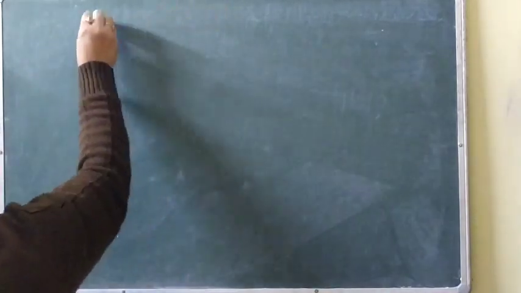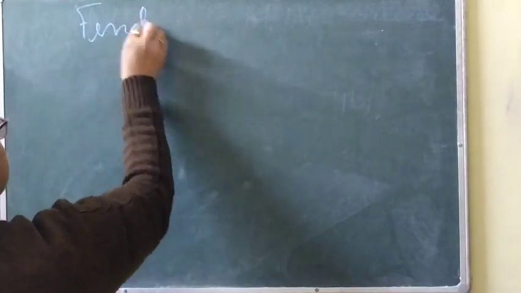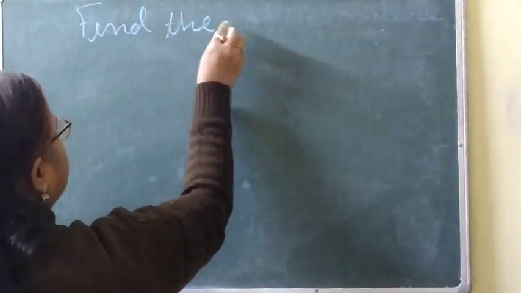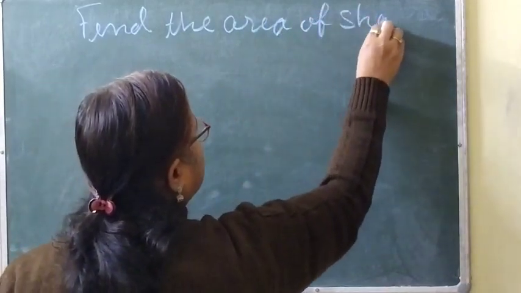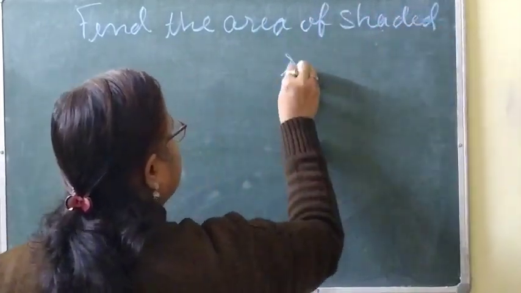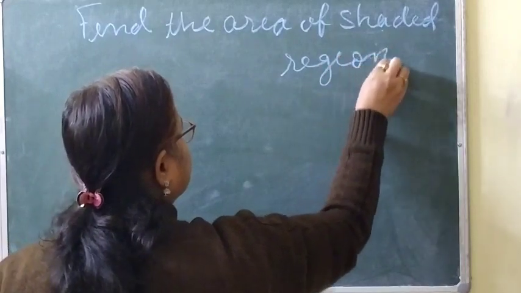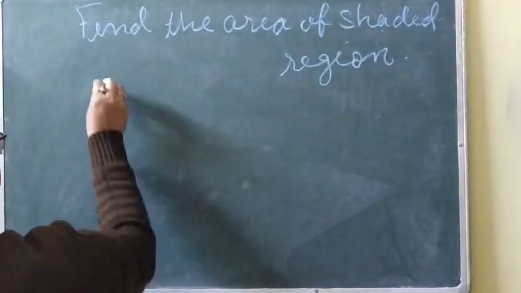Find the area of shaded region. When you get this type of question, then how will you solve? Find the area of shaded region. Clear? This is the question.